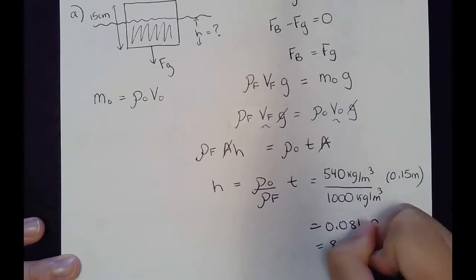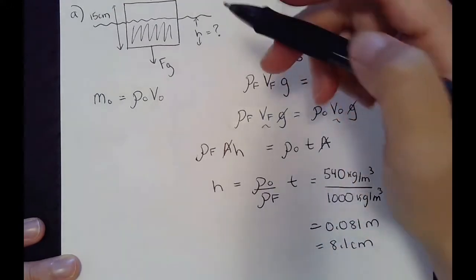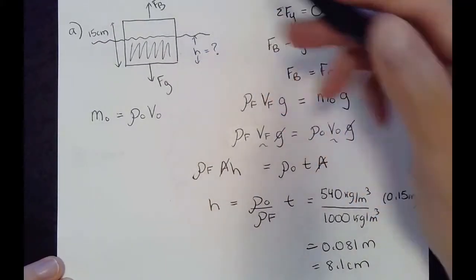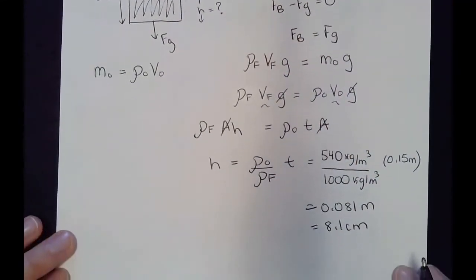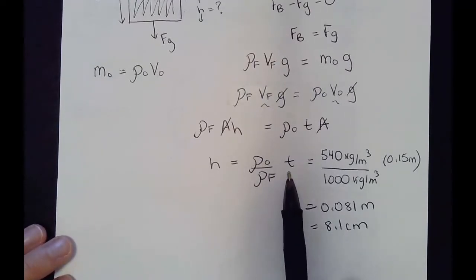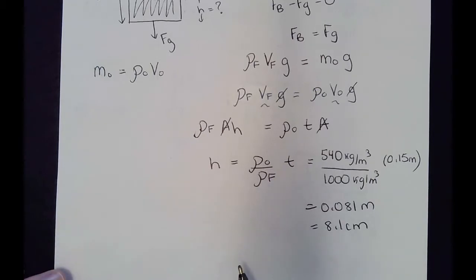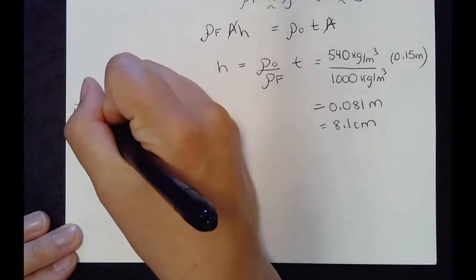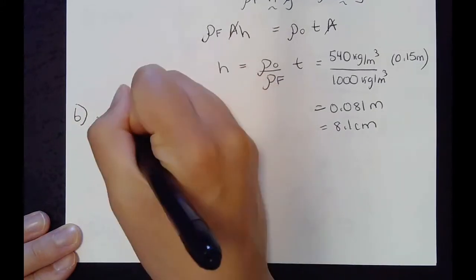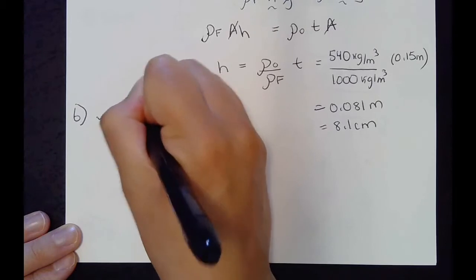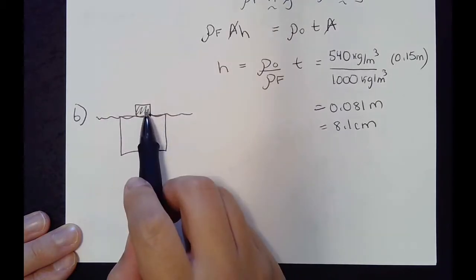So 8.1 centimeters of the object is what is submerged, this height here. So we find that the amount submerged is proportional to the ratio of the densities between the object and the fluid. All right, now in part B, there's going to be an extra mass added so that this object completely submerges, and there's an extra weight on top of it.